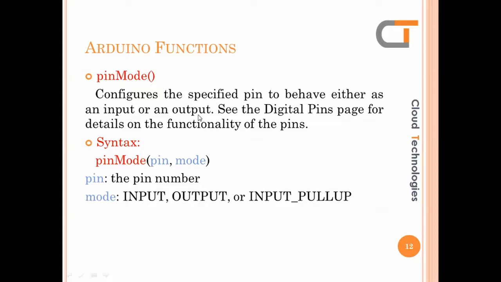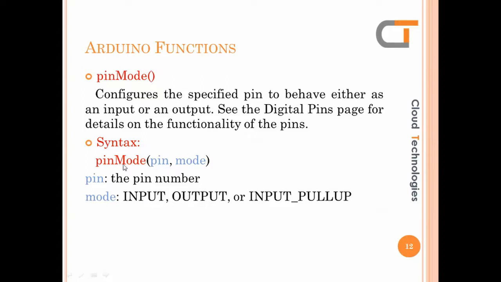If you want to read the data from a sensor or something like that, then we have to make the digital pin an input. Initialize with input. If you want to give some data to a sensor, or control something, then we have to make that pin an output. So by using pinMode we can do that.